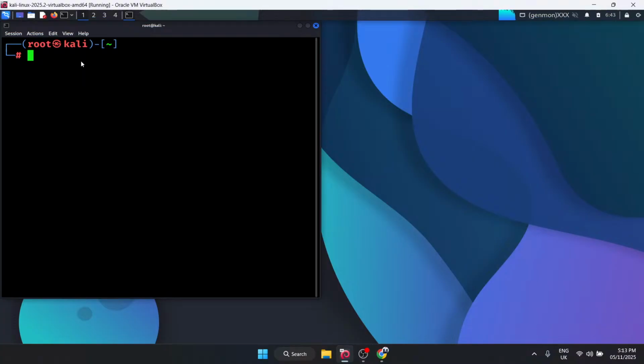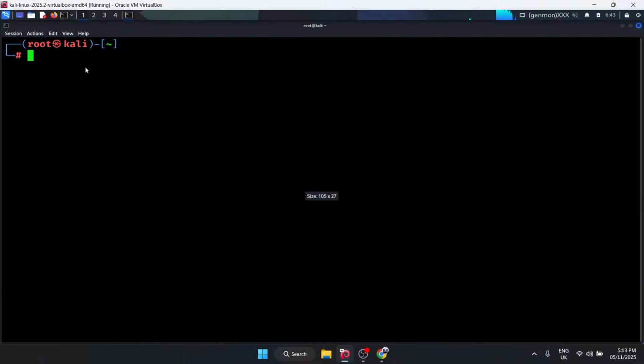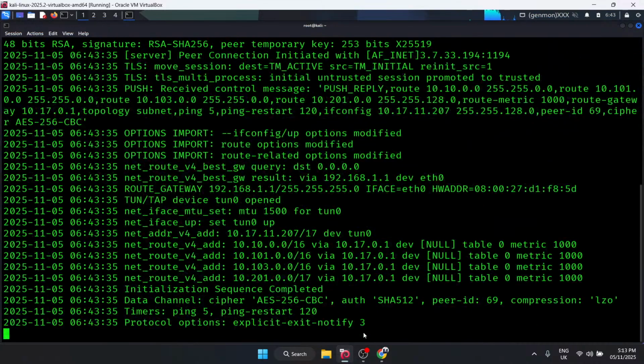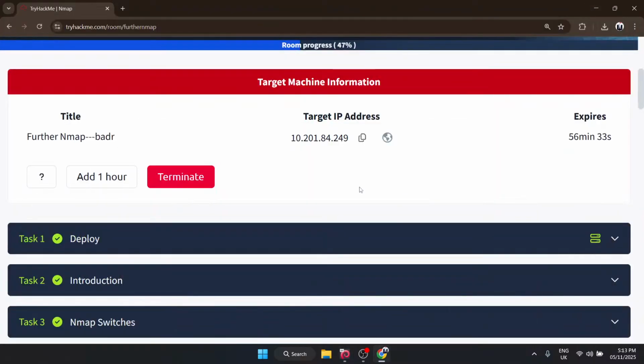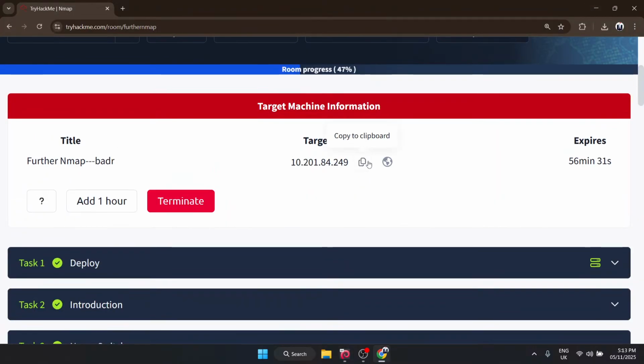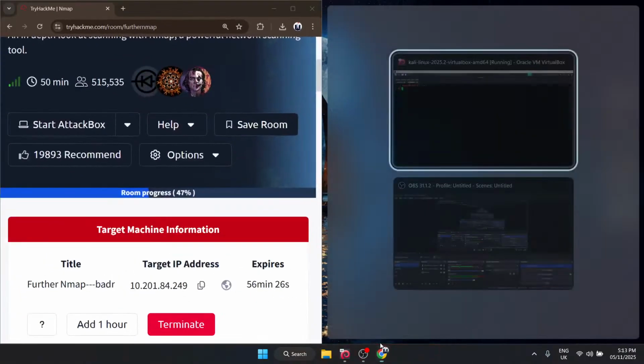Let's start a target machine, and the attacking machine simply by starting the OpenVPN. Here it has started, and this is a target, 10.201.